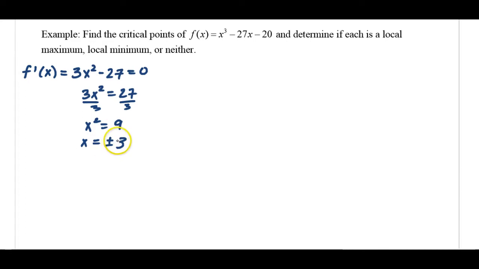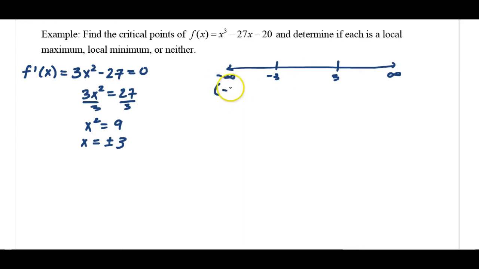And I want to decide what's happening at each critical point. Is there a local max there, a local min there, or neither? So what we do is we create our number line, and we mark the critical values, so critical points, negative 3 and 3, and then negative infinity and infinity.